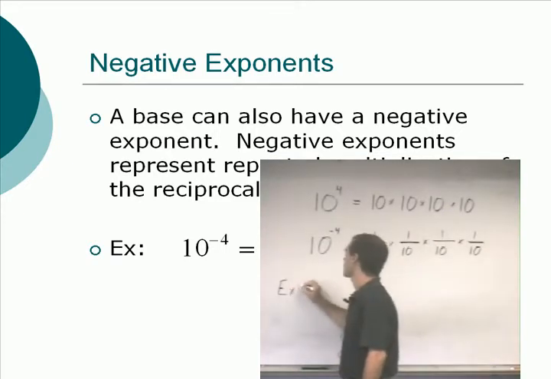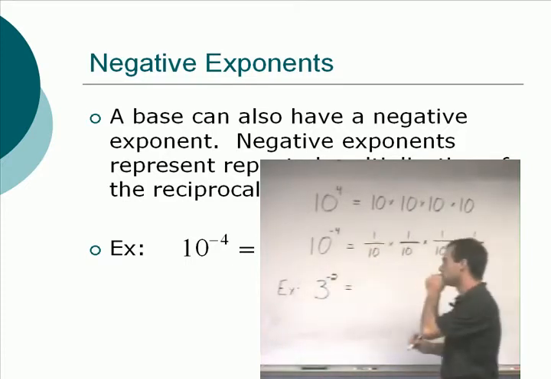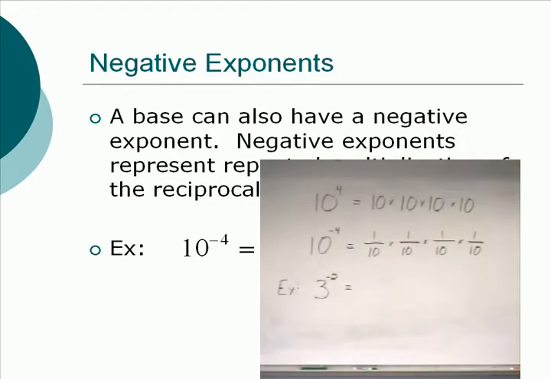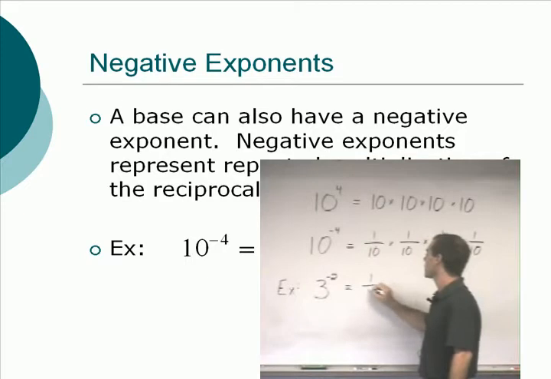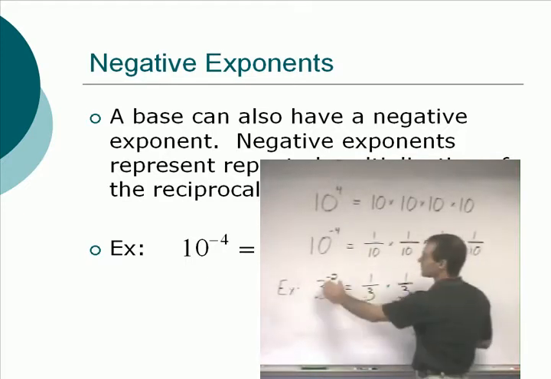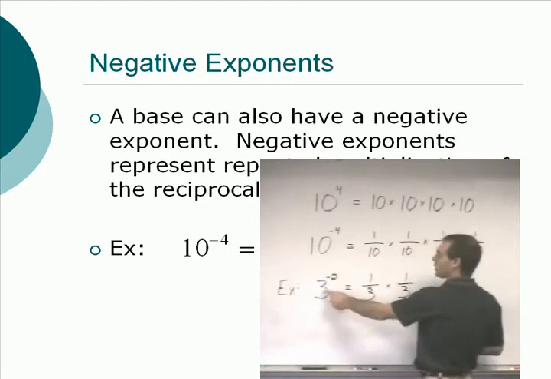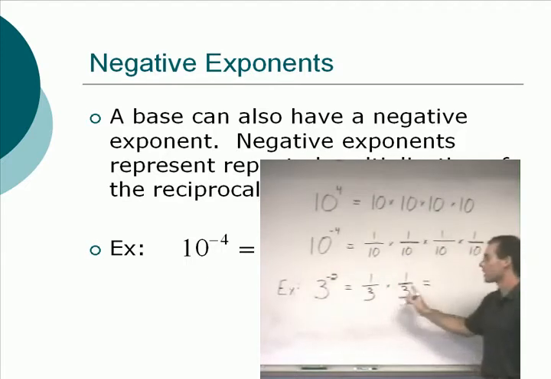Here's another case. 3 to the negative 2nd power. 3 to the negative 2nd power is the same as 1 over 3 times 1 over 3. The negative sign says it's the reciprocal of 3 multiplied by itself, or squared. Now, if you take 1/3 times 1/3, let's work on this bottom case here for a minute.